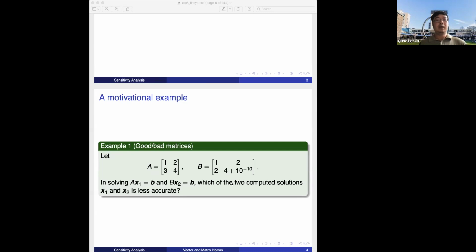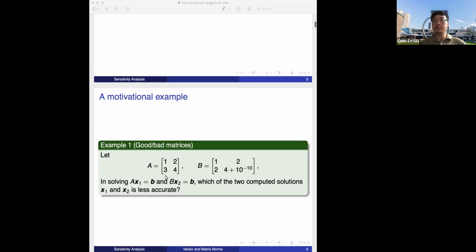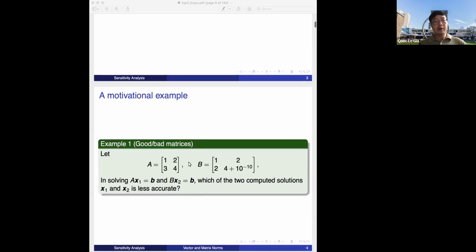Now which of the two computed solutions, x1 or x2, is less accurate? In other words, which matrix gives you a good solution and which matrix gives you a bad solution?